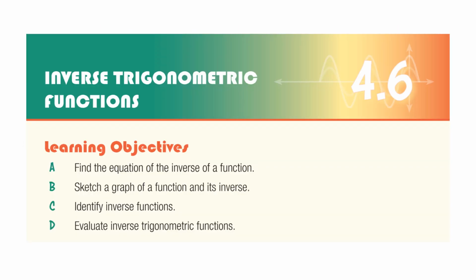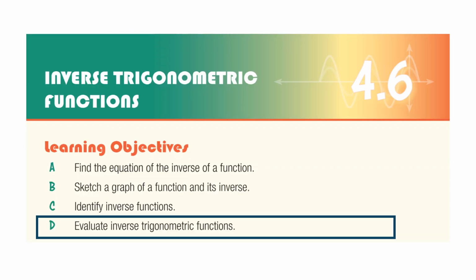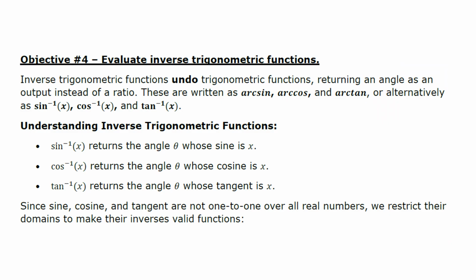All right, so now our last objective is to evaluate inverse trigonometric functions. So inverse trigonometric functions undo trigonometric functions, returning an angle as an output instead of a ratio. These are written as arcsine, arccosine, and arctan, or alternatively as the inverse of sine, the inverse of cosine, and the inverse of tan.